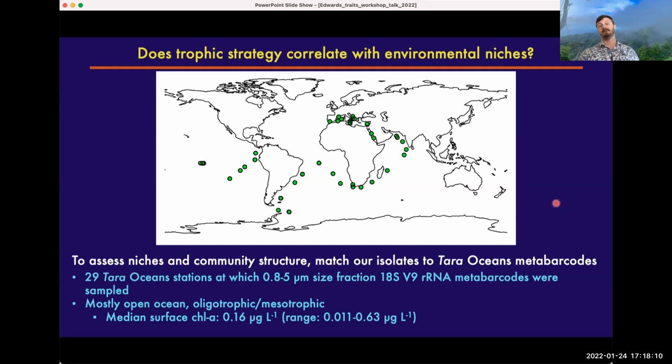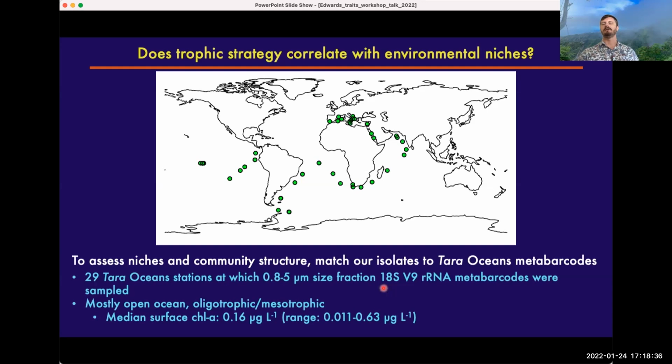So what we did is we took all these isolates and matched them to metabarcode data from the Tara Oceans project. I'm plotting here on this map 29 Tara Oceans stations at which they sampled different size fractions of the eukaryote community, including this 0.8 to 5 micron size fraction, which they called pico-nano.